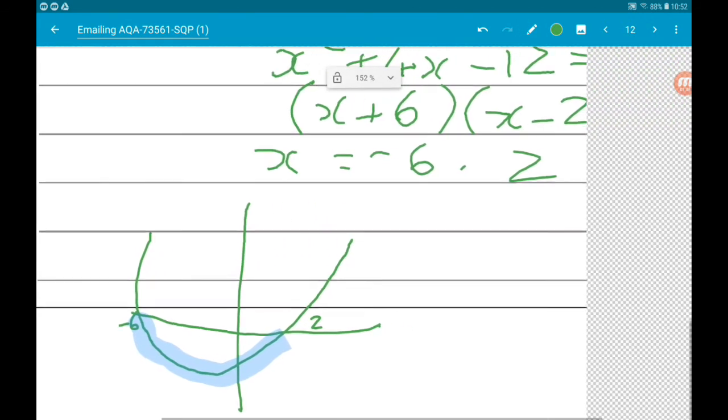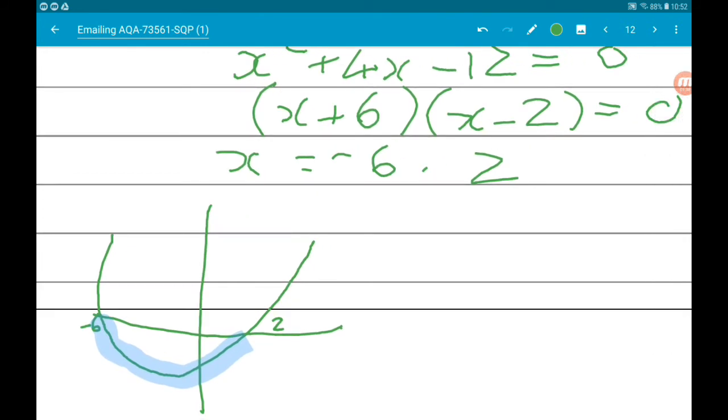So the values of x are x can be greater than or equal to minus 6 but less than or equal to 2. So those are the values of x for which Chris is wrong.